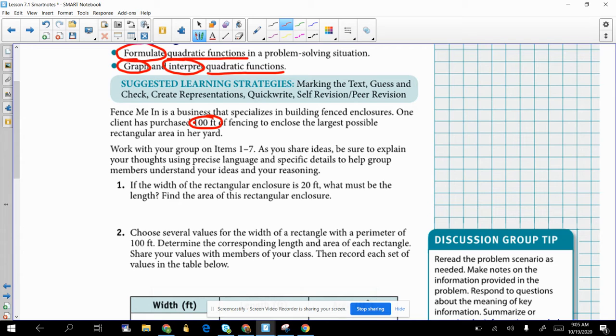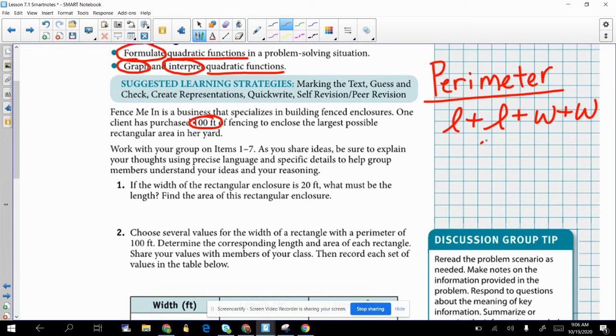So real quick, let's just go ahead and talk about area and perimeter, because it might be a while since you've talked about that, right? So perimeter. Remember, that is adding up all of your sides. If we're talking about a rectangle here, that would be the length plus the length plus the width plus the width.